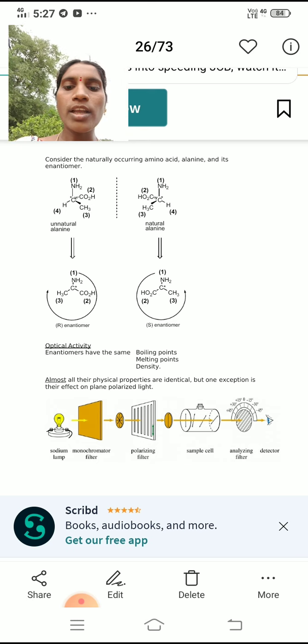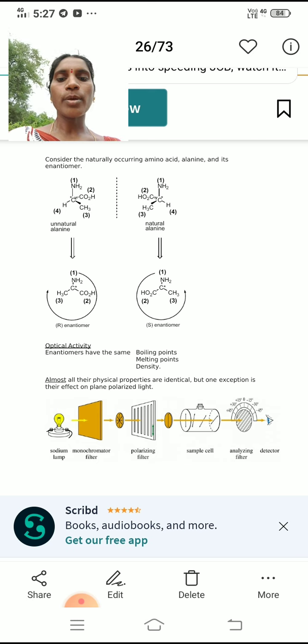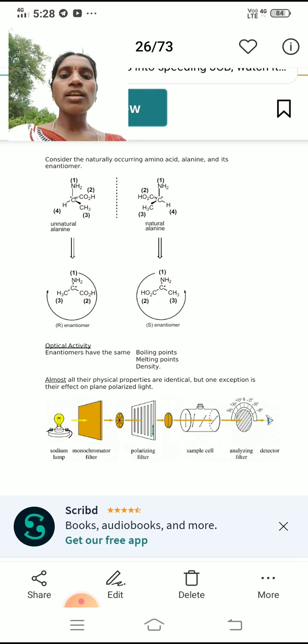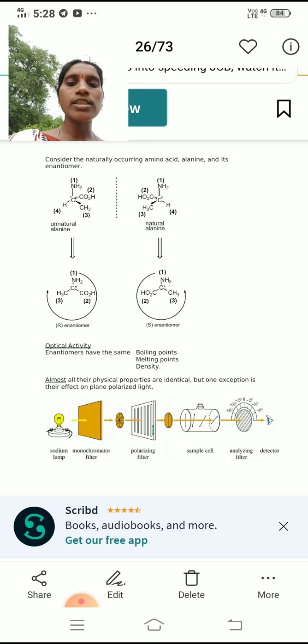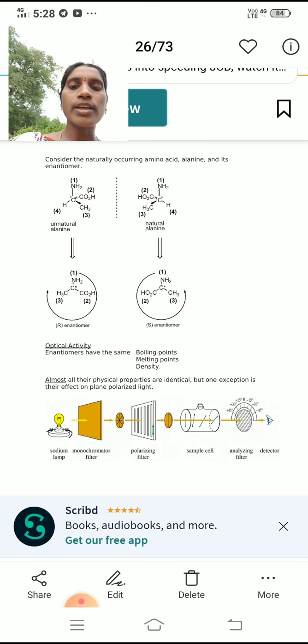The light which comes out from the monochromator is only unidirectional light, and that is called plane polarized light. That means the light is directed in only one direction.